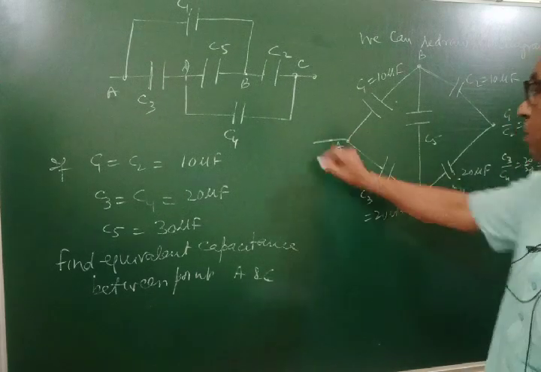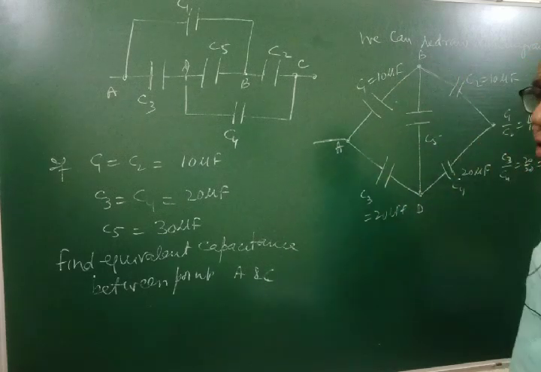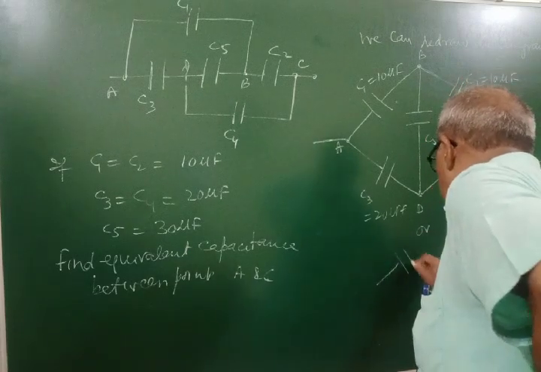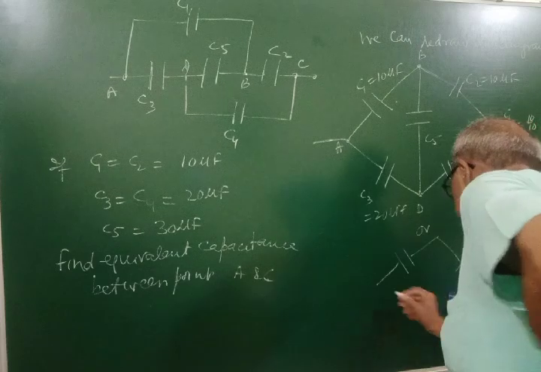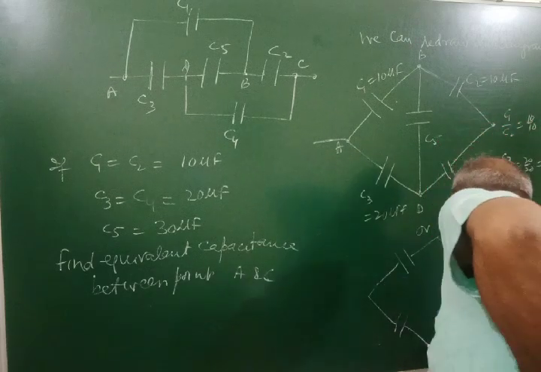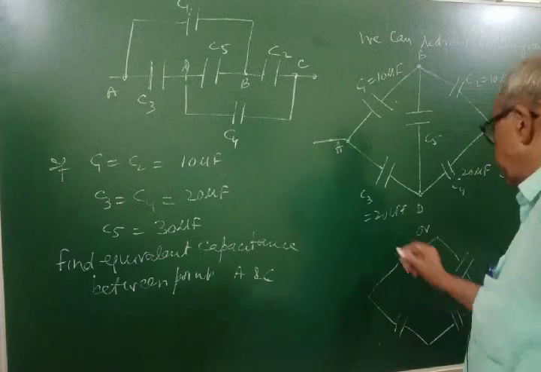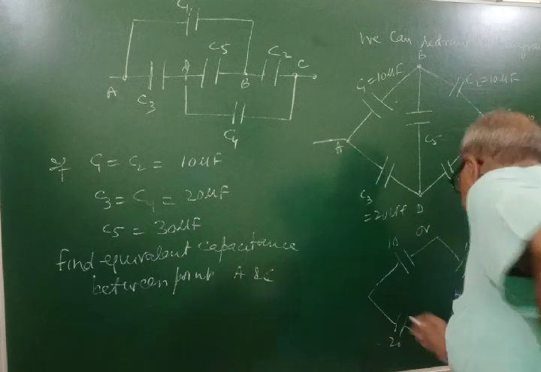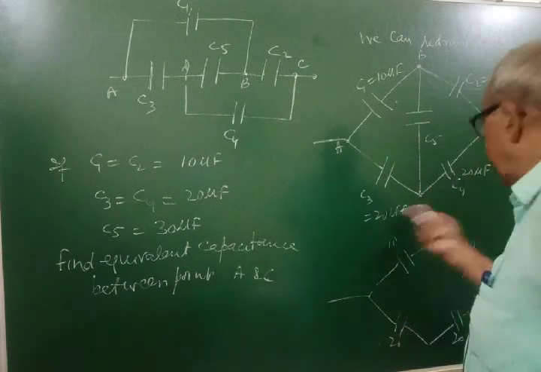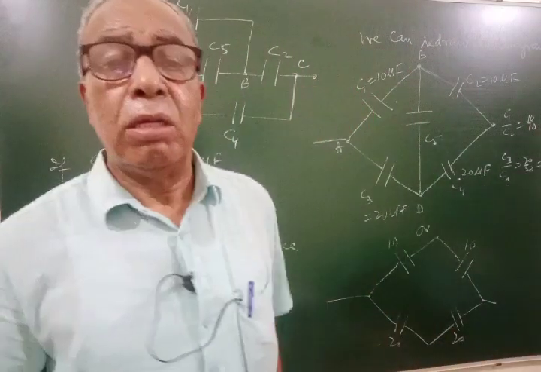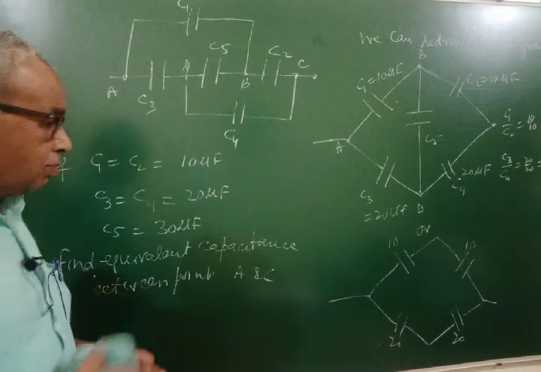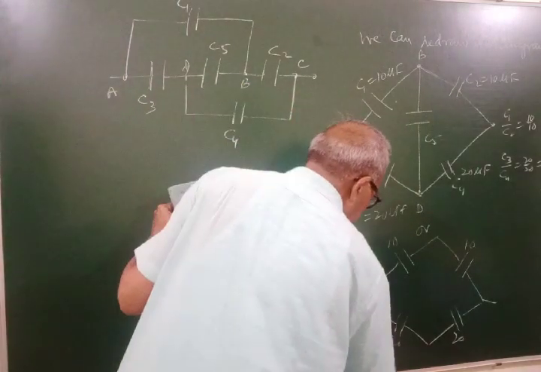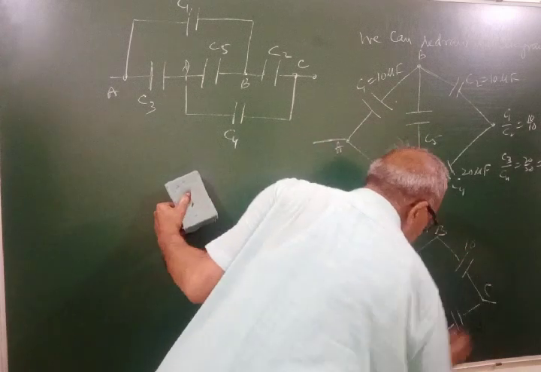So we say the bridge is balanced; between points B and D there is nothing, so we can further redraw it. This 10 and 10 are in series, and this 20 and 20 are in series, so the equivalent of equal capacitances in series of 10 is 5. Here you can say A, B, C, D.